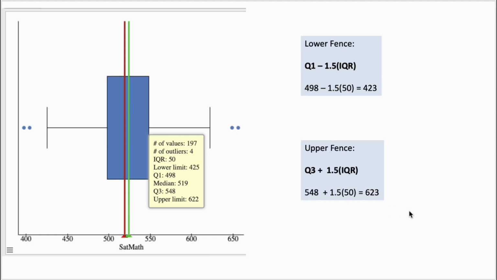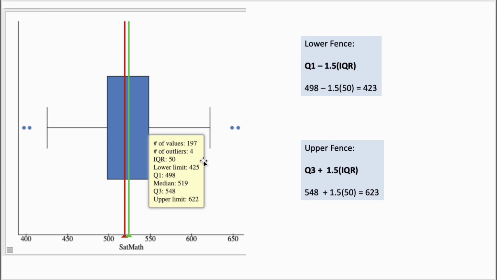So this is what the box whisker plot looks like in StatCrunch. It graphs both the mean and the median. However, that is just a feature of StatCrunch because StatCrunch typically only graphs the median.